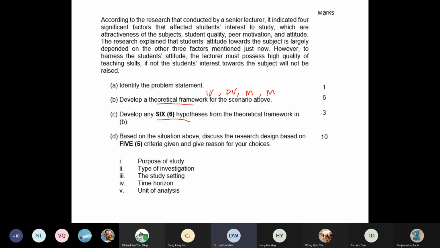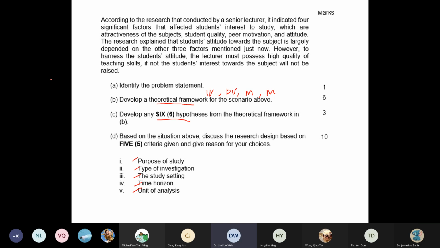Then the next question: we are going to discuss the research design based on the 5 criteria given below: purpose of study, type of investigation, study setting, time horizon, and unit of analysis, which you have learned in Chapter 5.